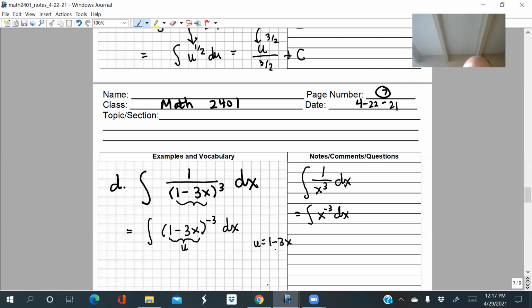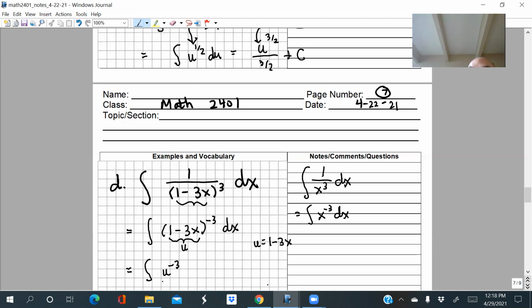Now, what's the advantage of doing this? Because when you substitute u for 1 minus 3x, notice you get u to the minus 3 power, instead of 1 minus 3x to the minus 3 power. That is just a power of the variable, right?